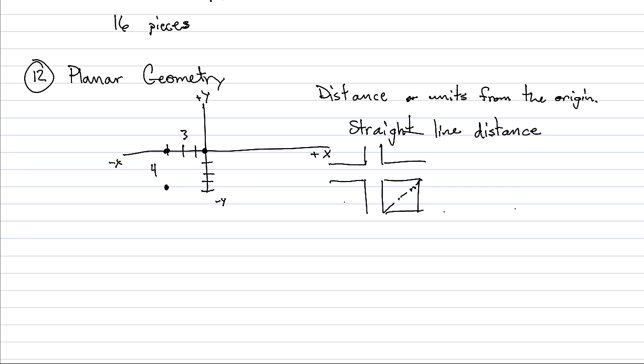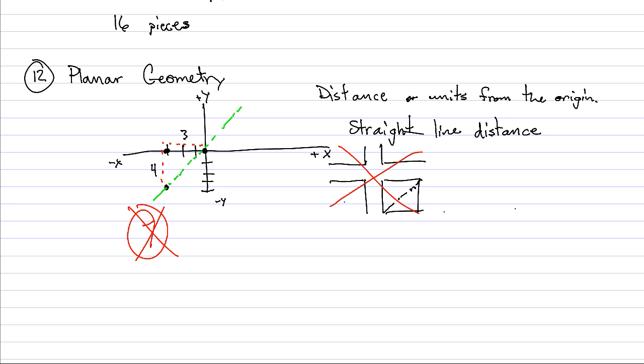So this is not the way that things work. We don't just walk this way 3 steps and this way 4 steps and say the answer is 7. It is not 7. The answer, or the distance, is this straight line distance between the 2 points.